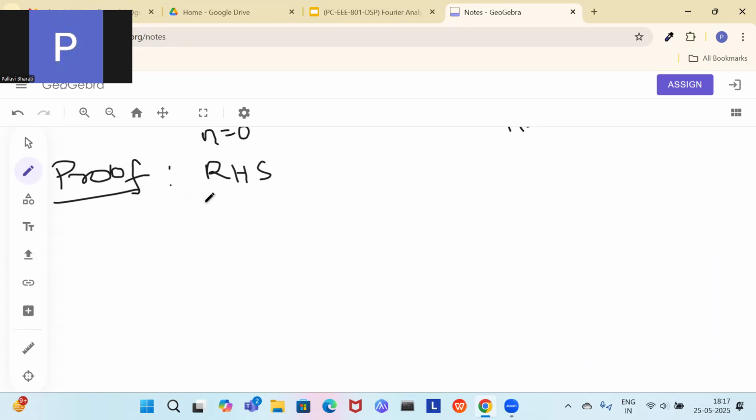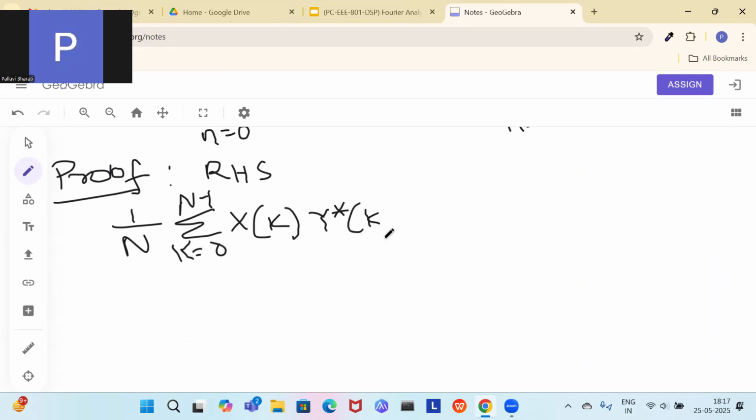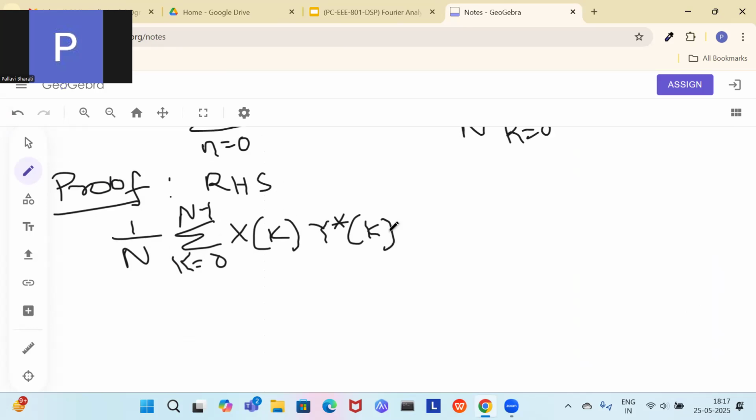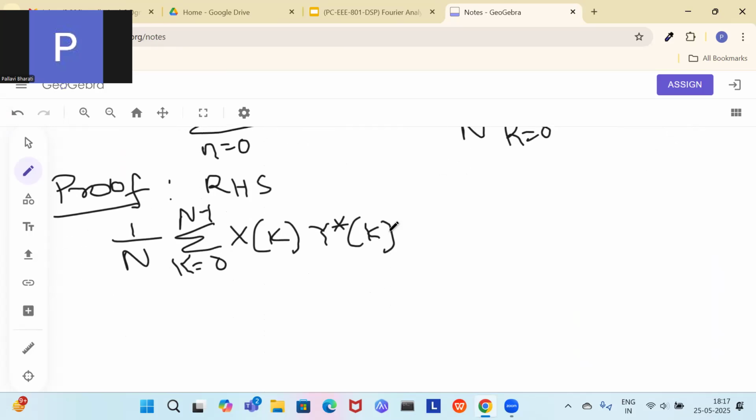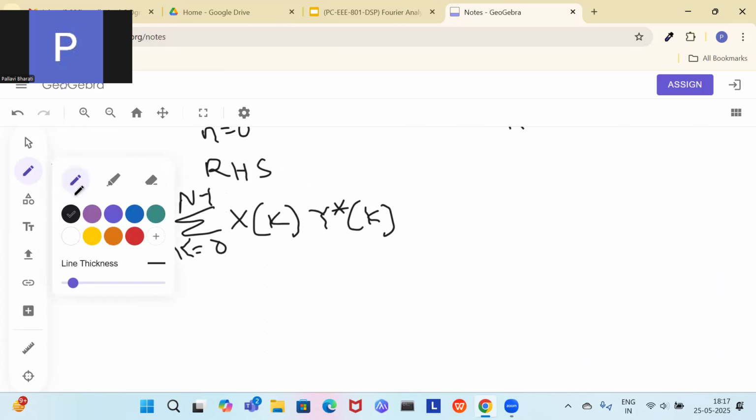On the RHS, first write down what we had: 1 by N, summation k equals 0 to N minus 1, x1k into x2 star k. Previously I had taken x2, so let us write it x2 here.